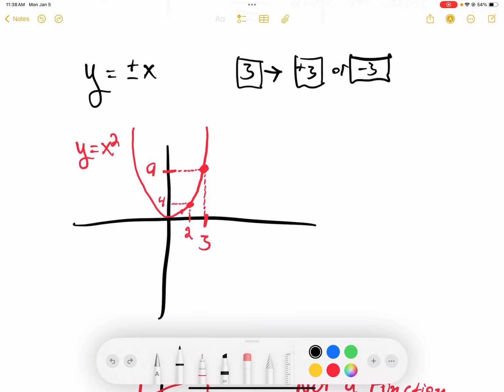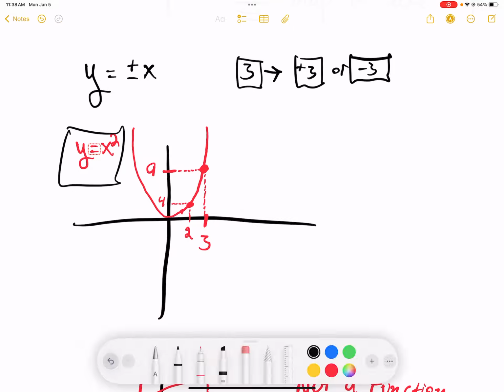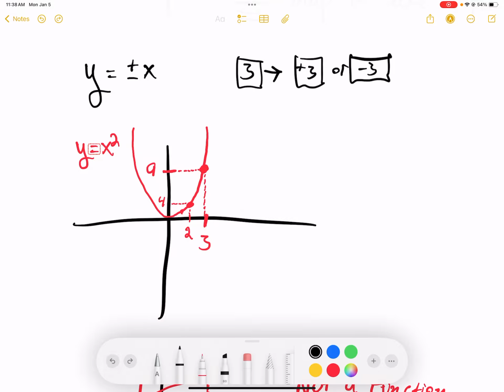So in this case, in y equals x squared, we determined that y equals x squared is a function. Let's take a look at the graph to see why. Why is it a function? Because there is nowhere on this graph where I could draw a vertical line and intersect this graph in two locations. And that makes sense. That's what's necessary in order for it to be considered a function.